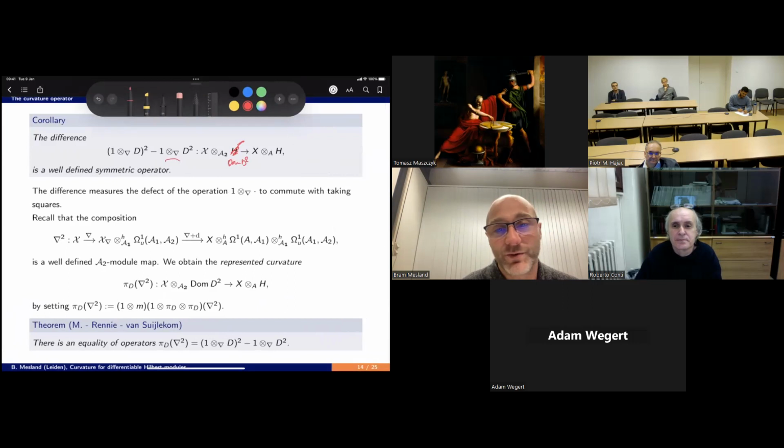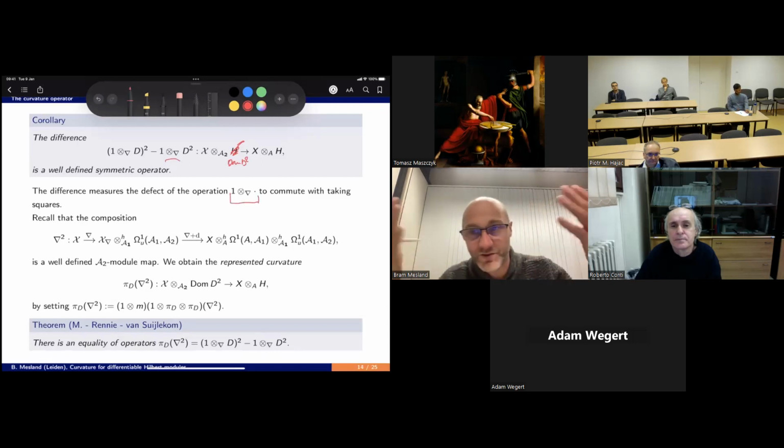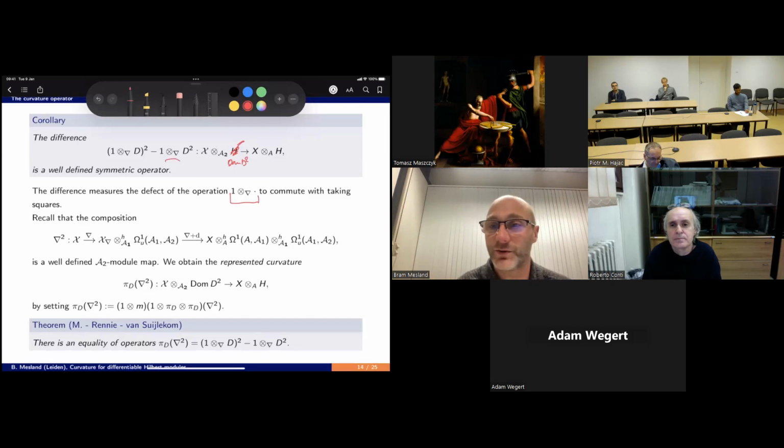So this difference is a well-defined and symmetric operator when you have a nice C2 connection on the module. And of course, that difference measures to what extent the one tensor nabla operation, or the lifting of operators from H to the tensor product with X, fails to commute with taking squares.